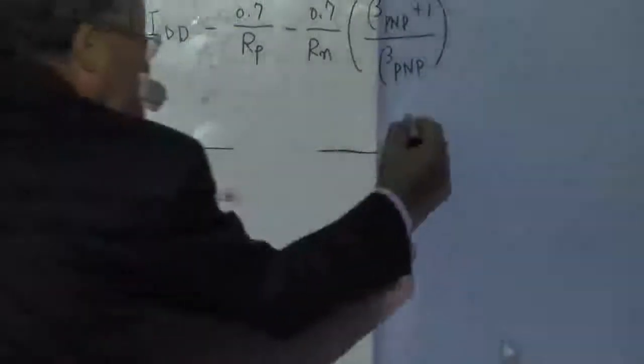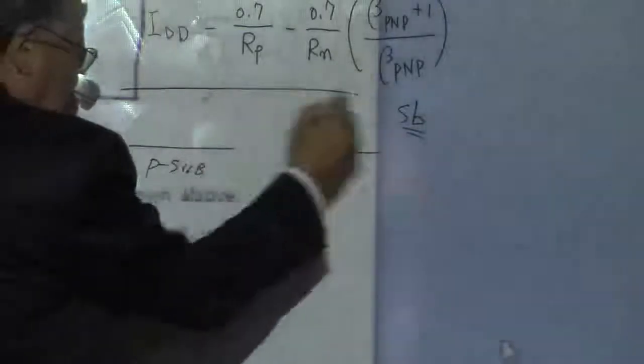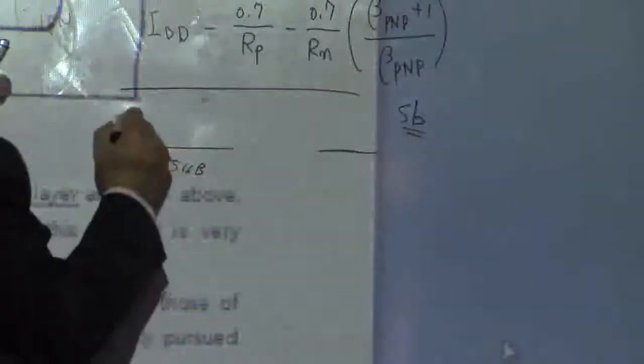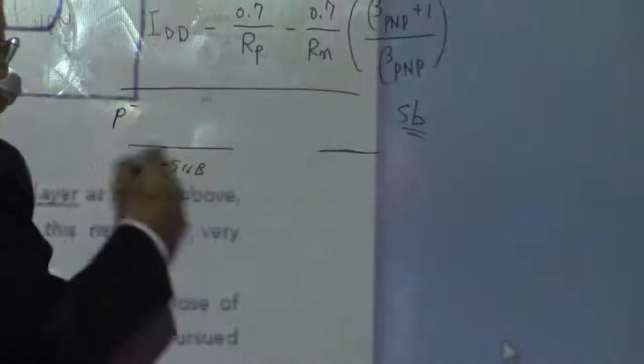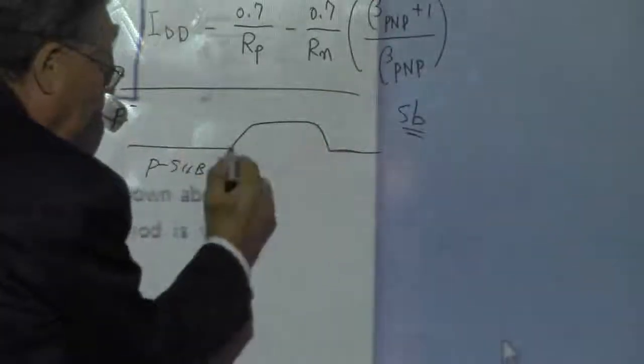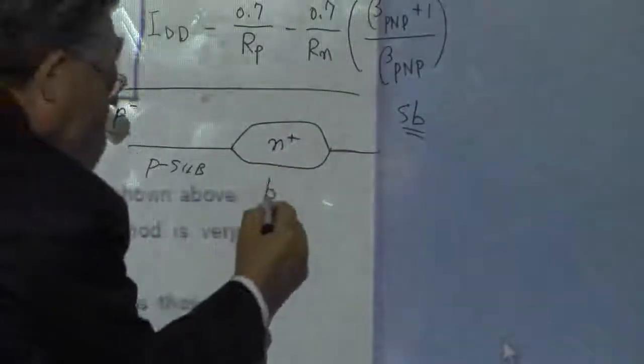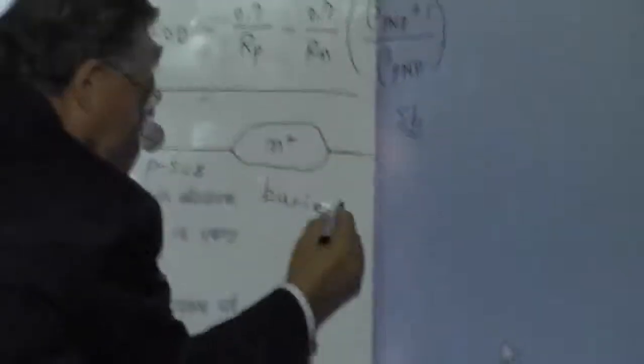You typically use antimony for the N layer, and then you grow the epitaxial layer on top of this, and that's going to be P minus, and then you're going to have buried layers. Say this is an N plus buried layer. We call this a buried layer.